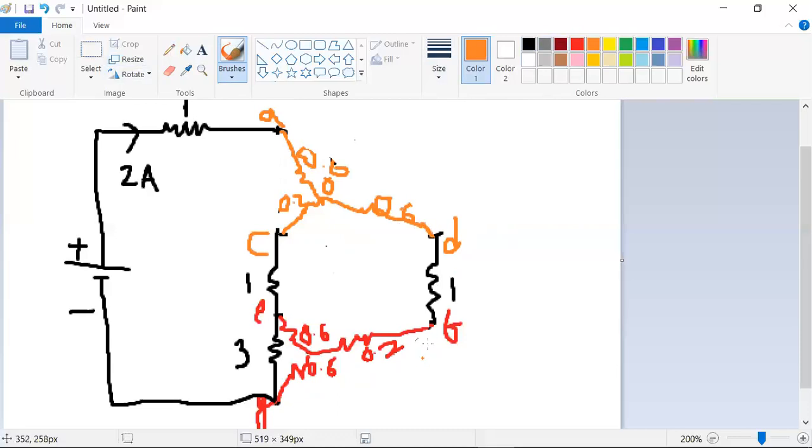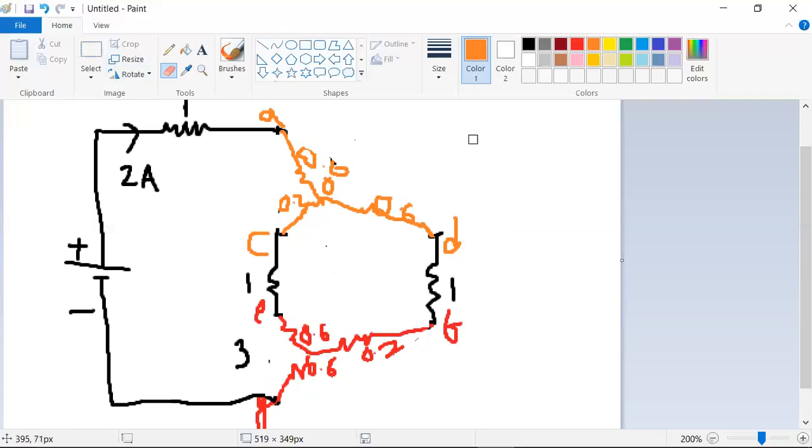Now observe the circuit carefully. I forgot to remove this also, let me remove that too. Right. Now I removed all the delta, and I highlighted only the star connection.